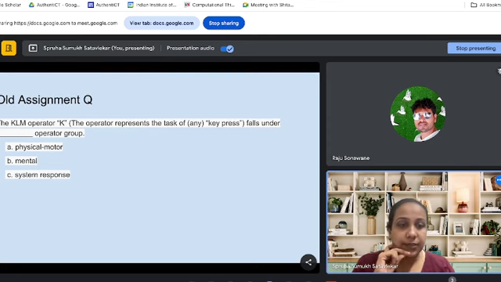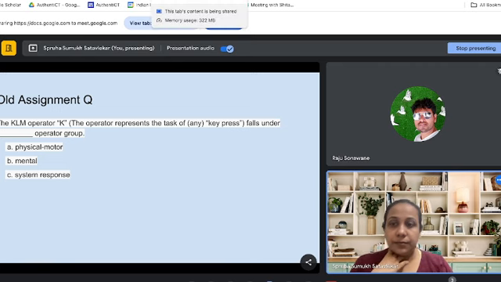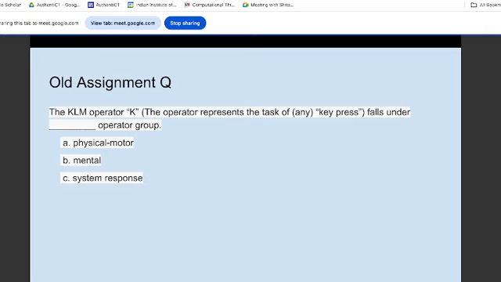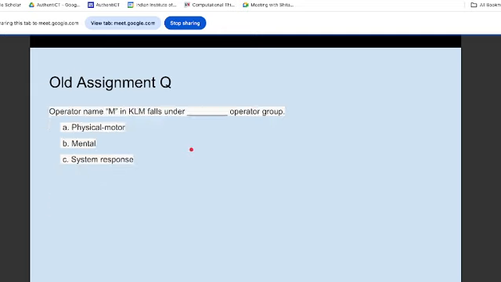You can write your answer in the chat box, or you can say it also. So basically, the key press action is done physically using your hands. That's why it falls under the physical motor type.